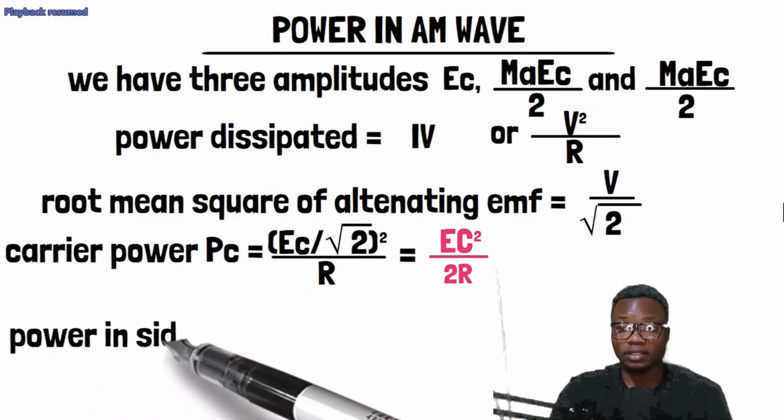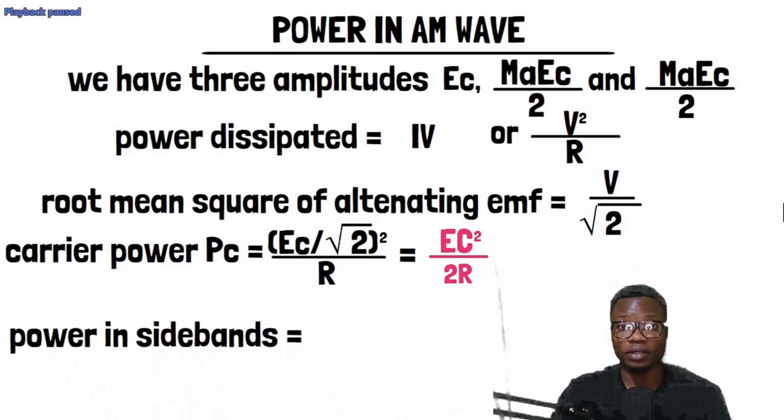So let us see the power in sidebands. Remember, we have 2 sidebands. We have the upper sideband and we have the lower sideband. And here we are going to use the amplitude of the sideband, either of the 2. We're going to use MAEC over 2. This one is going to stand as V. But this one also should be divided by the square root of 2, because we said the root mean squared of alternating EM wave is equal to the peak value divided by the square root of 2.